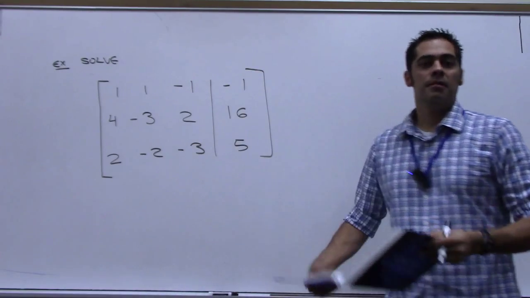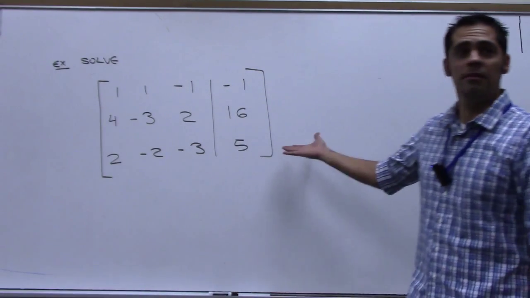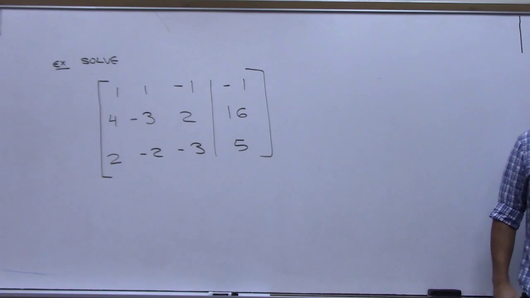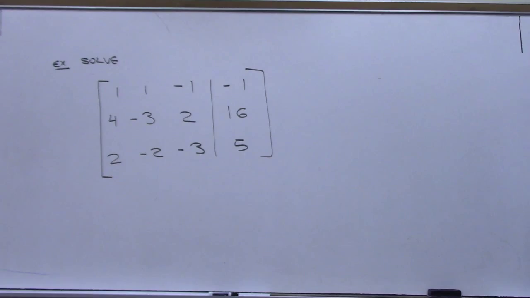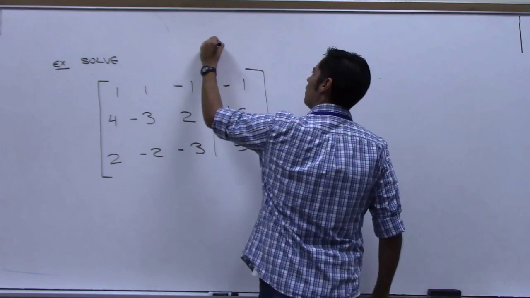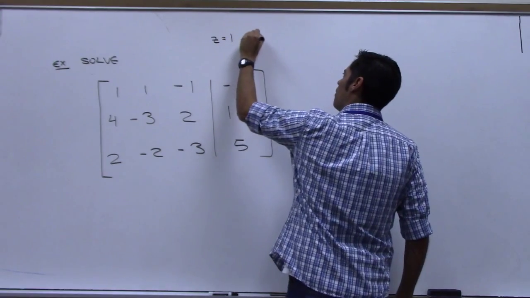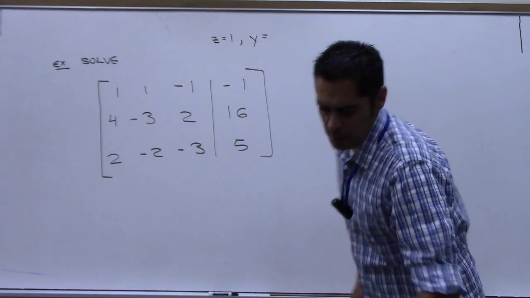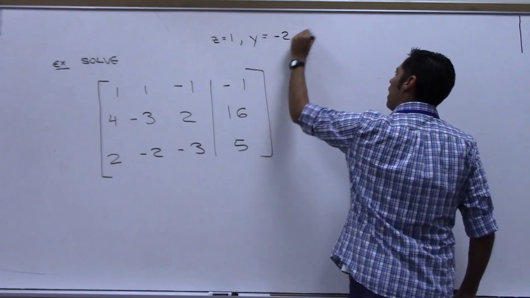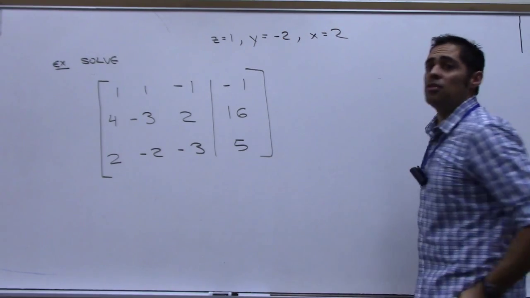This is like the third time we've looked at this one, right? We already know what the answers are? What are the answers? I think Z was 1, right? Y was negative 2, and X was 2, right? That's what we should get. Now, I'd like to do this with the calculator.